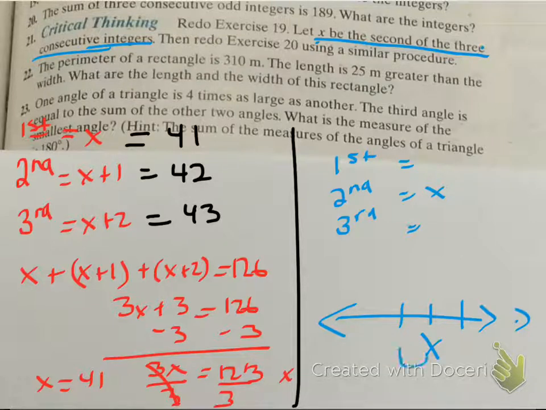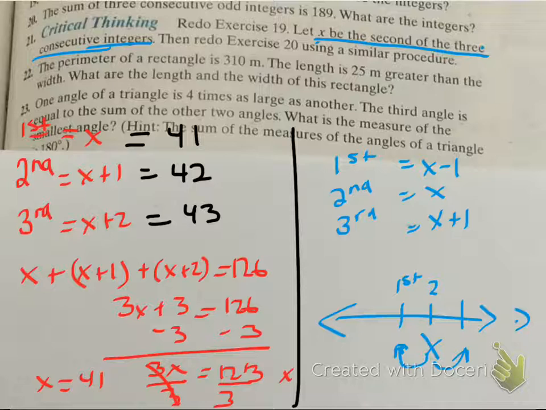What do I have to do to x to get to this one on the number line? Chris? Subtract 1. Okay, so the first integer is x minus 1, and then the third integer is x plus 1. Okay? Did you guys get that?